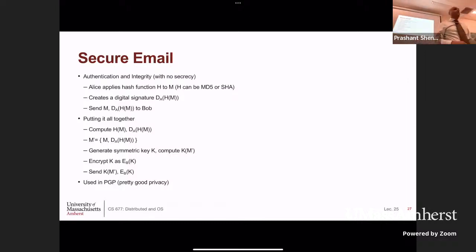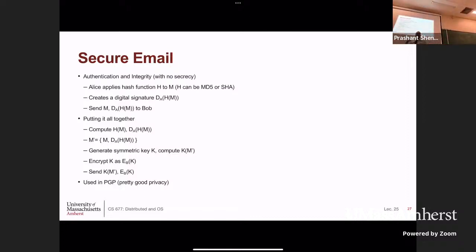I'll generate a session key K. I will then encrypt that entire M prime. So now I have an encrypted version of an email message that has my signature and the message. Then I have the key, which I'm going to encrypt with Bob's public key. I have the encrypted version of M prime, and both of those go.